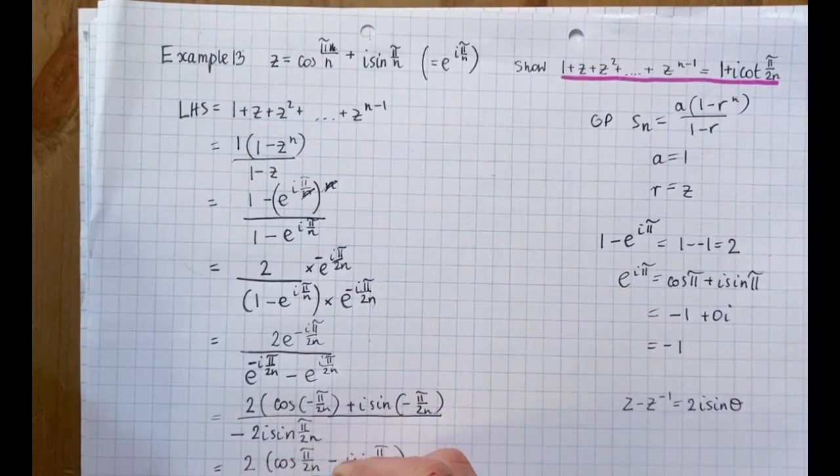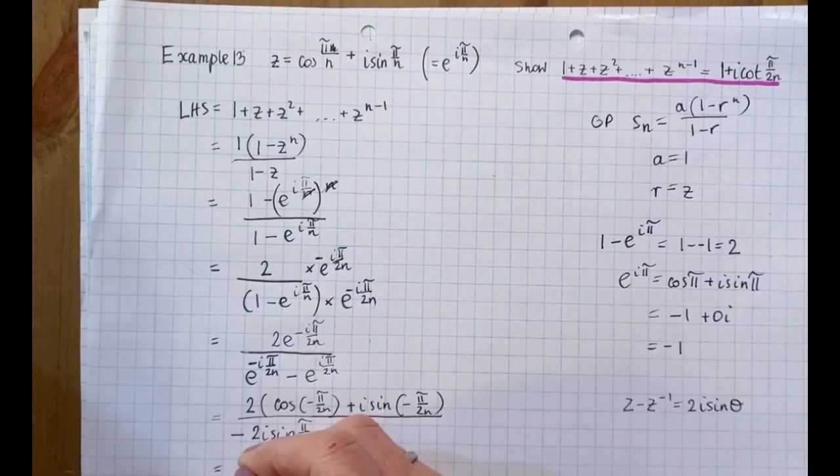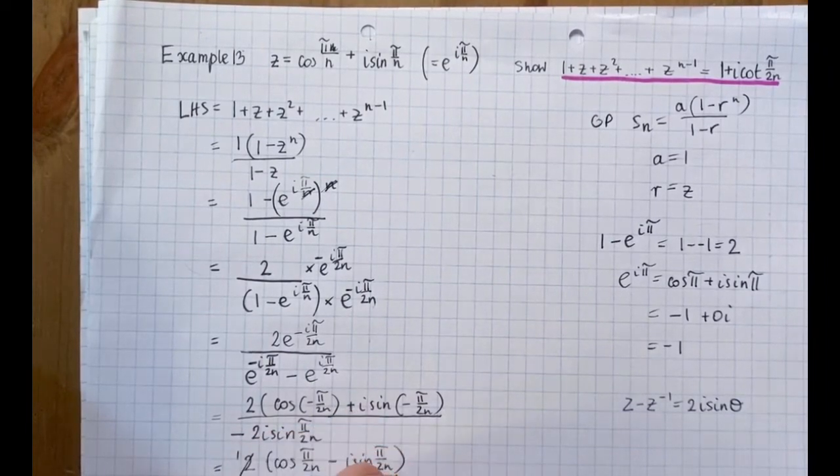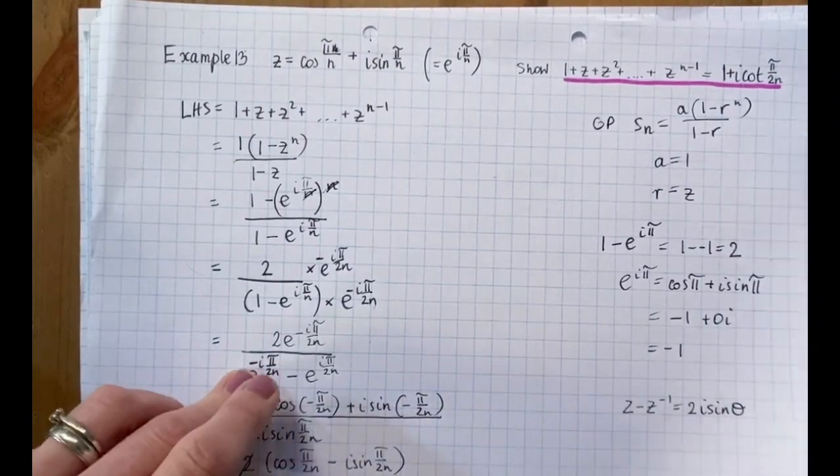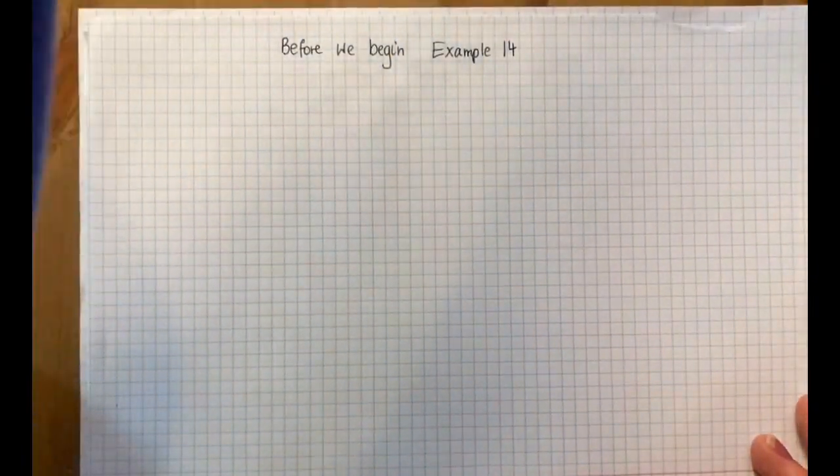Okay, we're going to divide it by minus 2i sine pi over 2n. So we're going to divide by 2, so it's 1, and this one is minus 1. And now in the denominator we've got i. The idea is to get rid of that i here, so you've got the real number in the denominator. So let's just go on to another page to continue.